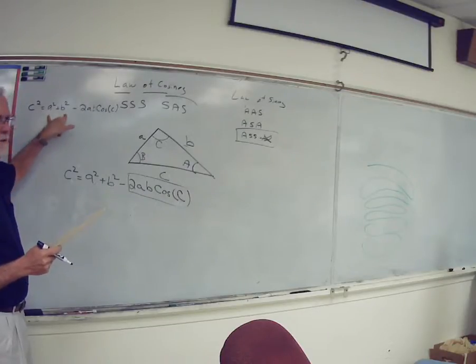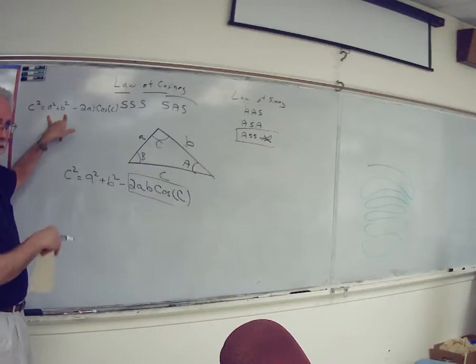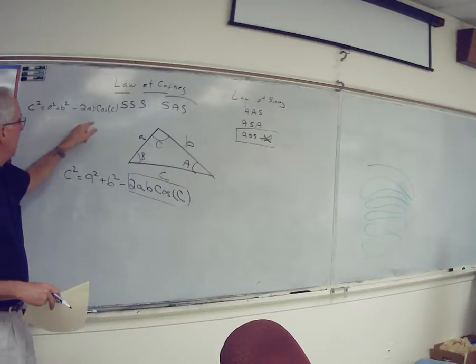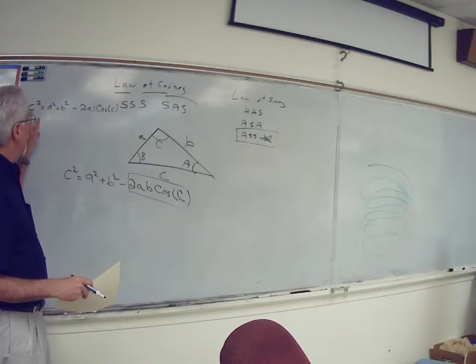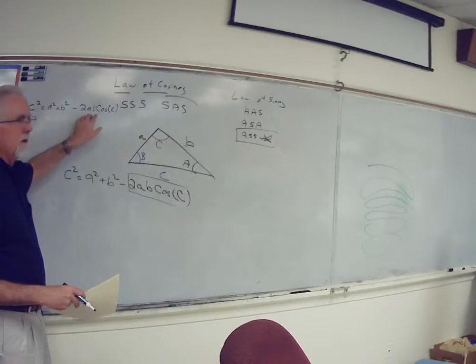And then what are the other two squared terms? a squared and b squared. So now I've got all three. And then if I have what I'm looking for here, what angle do I use in the cosine? C. And out front are the other two sides.